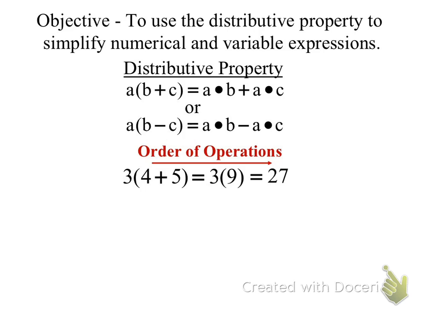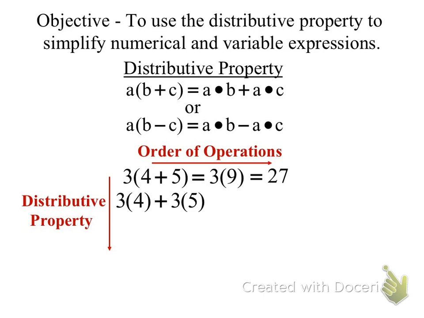But if I do use the distributive property, I'm doing like Jasmine said, 3 times 4 plus 3 times 5. I'm multiplying it by everything inside the parentheses. And that makes 12 plus 15, which is 27. See, there's more than one way to get there.